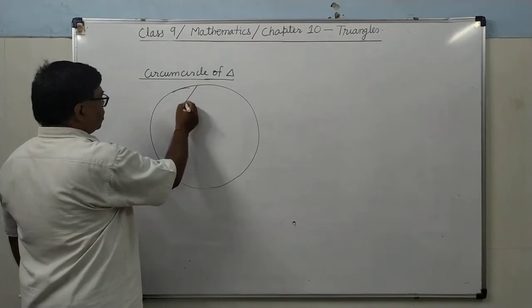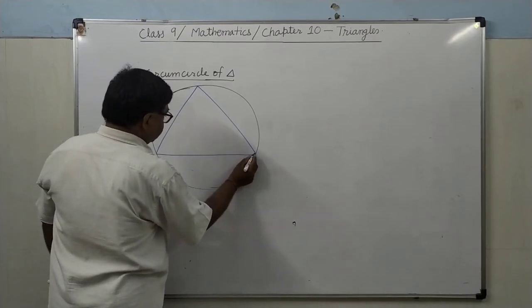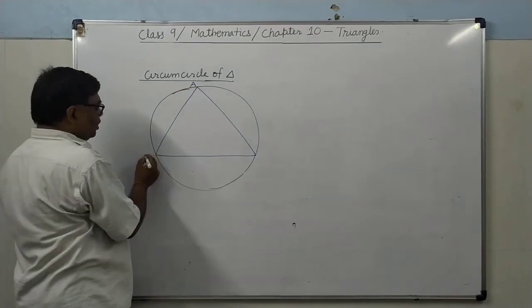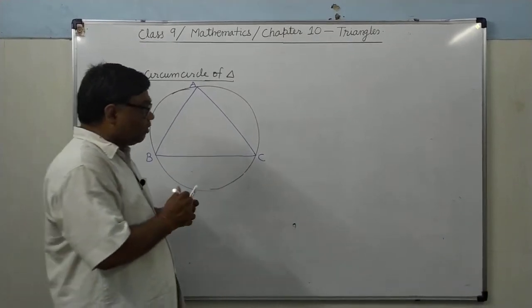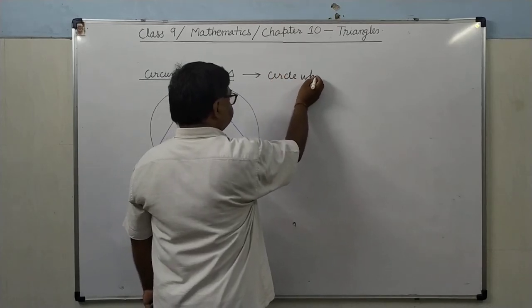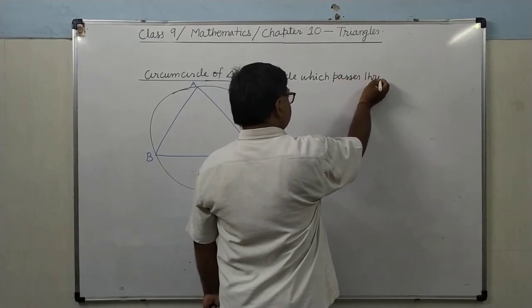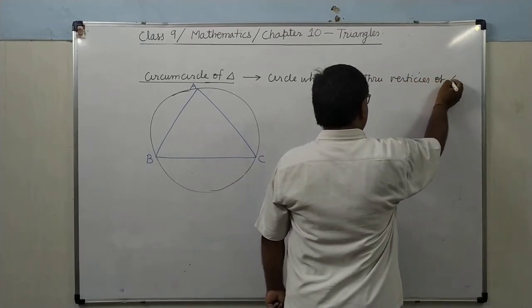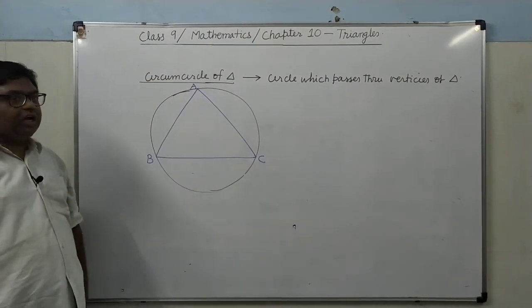Here you can see this circle is passing through the vertices of triangle ABC. It's clear? The circle which passes through the vertices of the triangle.